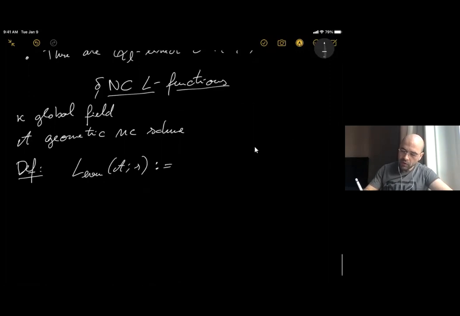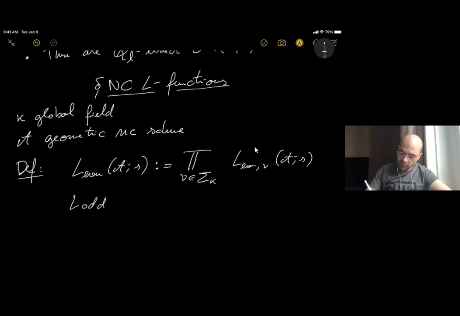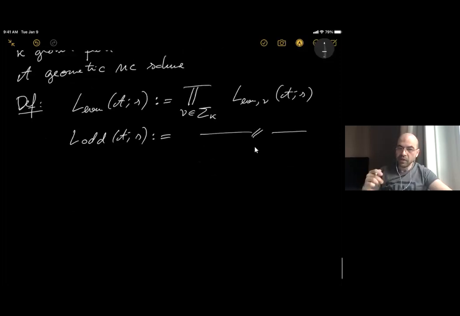So again, you do a product over all places of your global field, and then you need to take these factors into account. You do the same story in the odd case. So this you define similarly, replacing even by odd.